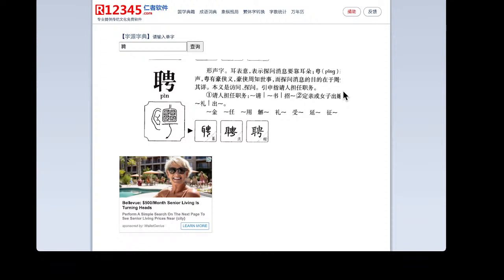In China, this is called xia. Now this character refers to those xia people.